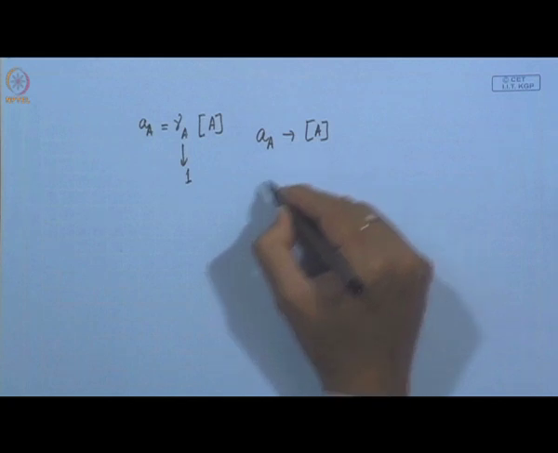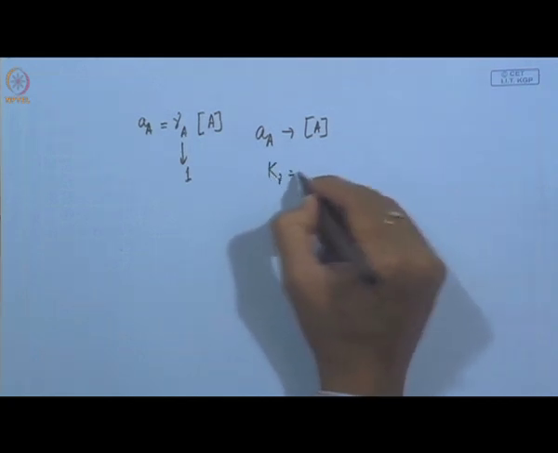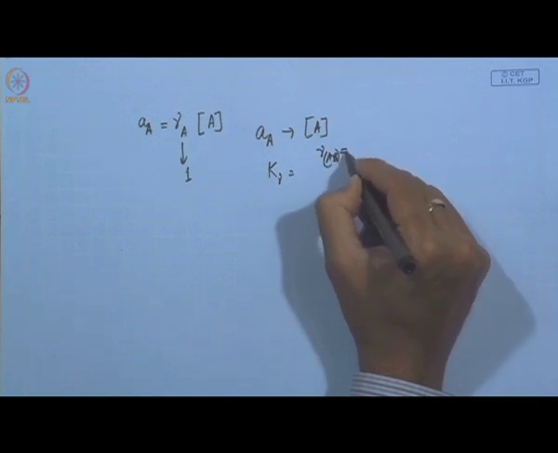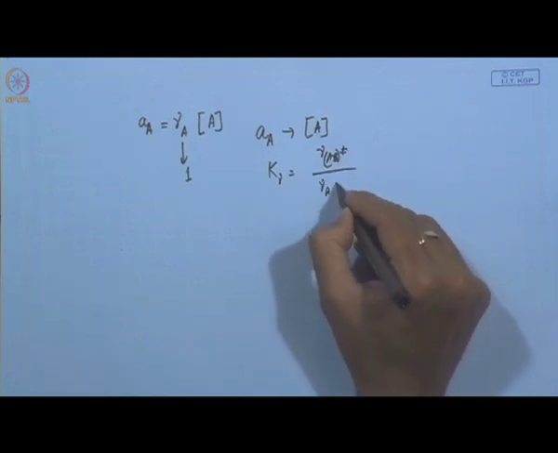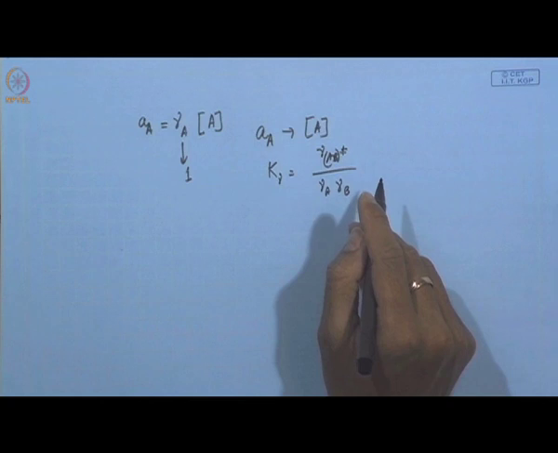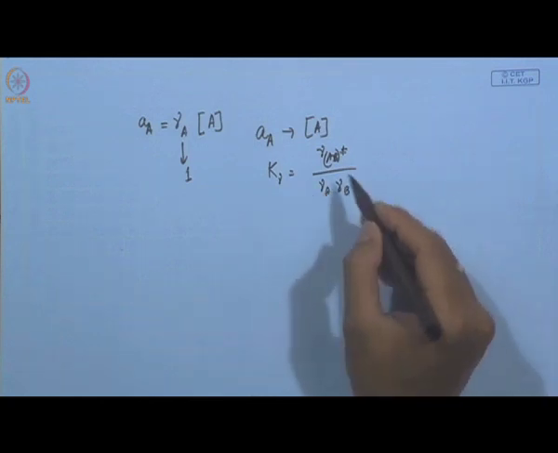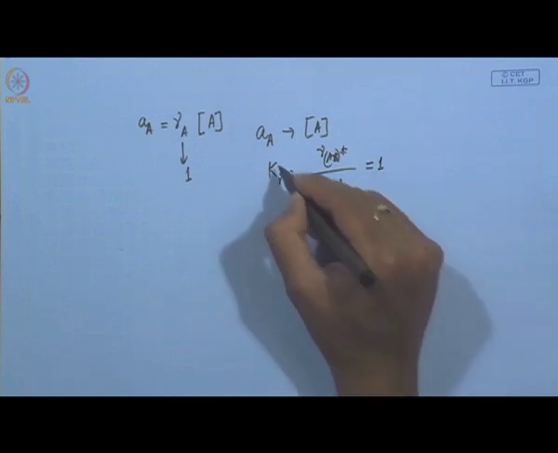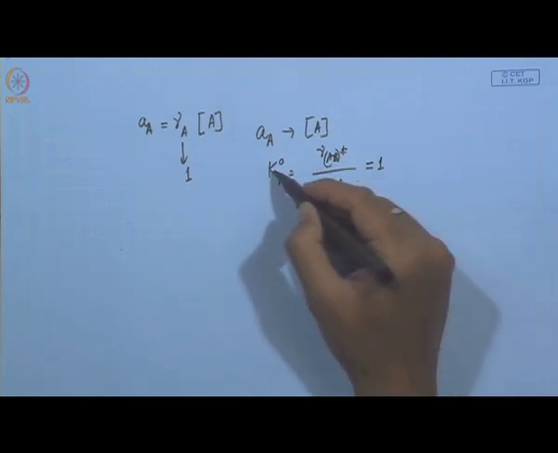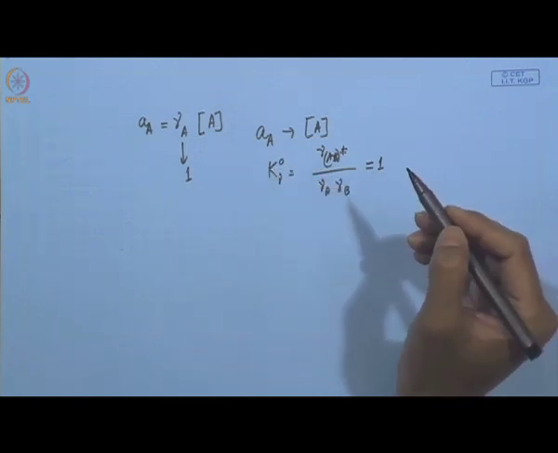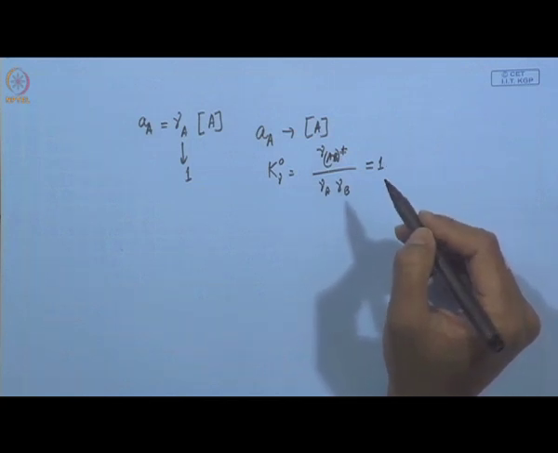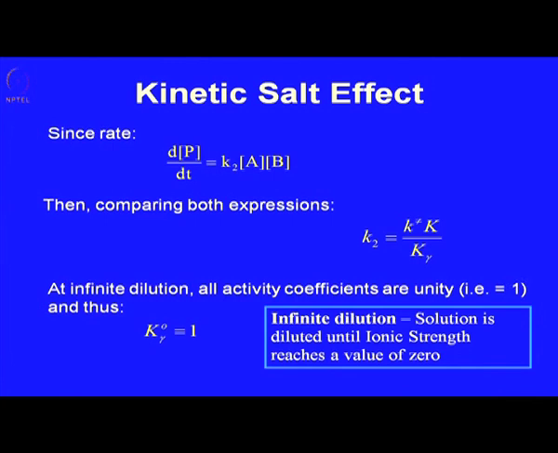Therefore your corresponding K gamma, which is gamma AB divided by gamma A gamma B, will be equal to 1 for infinitely dilute. So for infinitely dilute solution, your K gamma 0 is 1.